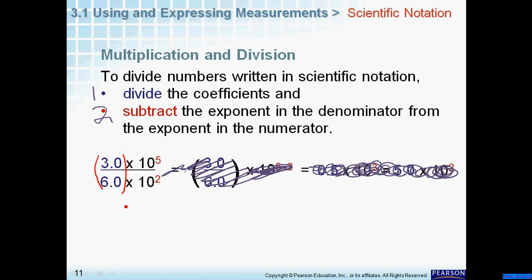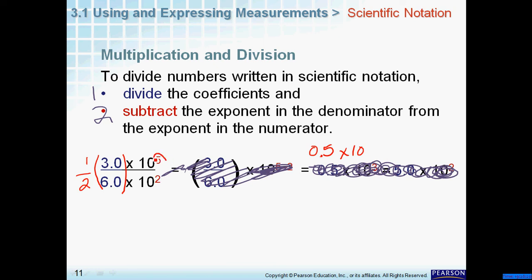What's 3.0 divided by 6.0? Well, 3 goes into 6 2 times, so it turns out to be 1/2. But we want this in decimal form, so it comes out to 0.5. Then my times 10 stays the same. It always stays the same, the times 10.